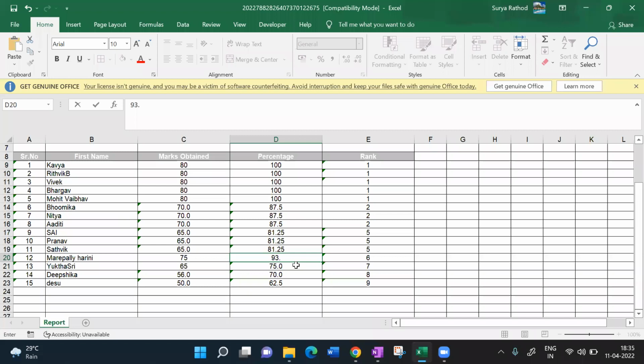And everything is perfect, right? 65, so 81.25 here. Apart from this, everything is correct only, right? Guys, check it. Two here, Harini 2. 3, 3, 3, 4, 4, 4, 5, 6, 7. Correct?